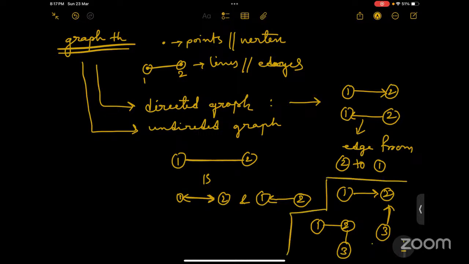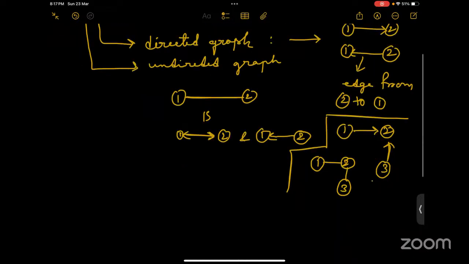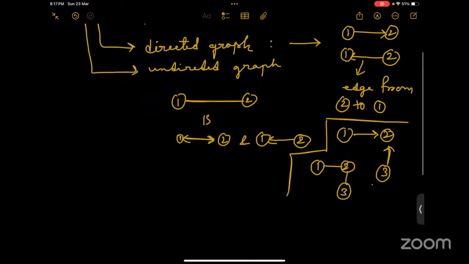These two are not the same. Here we have to follow the direction. We can't go beyond the direction. But for an undirected graph, we have the freedom. We can go from any vertex to any other vertex, right? So basically we have two types of graph, directed graph and undirected graph.